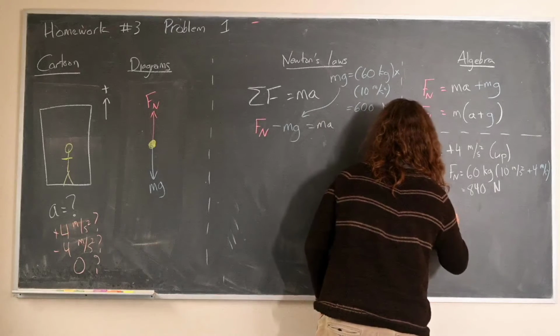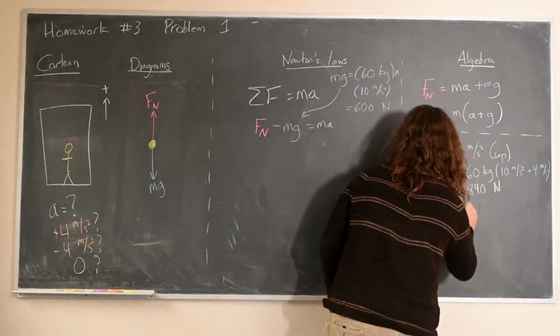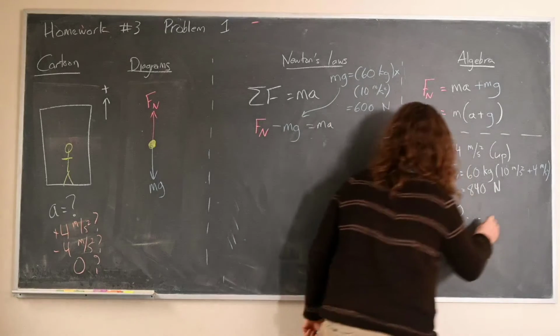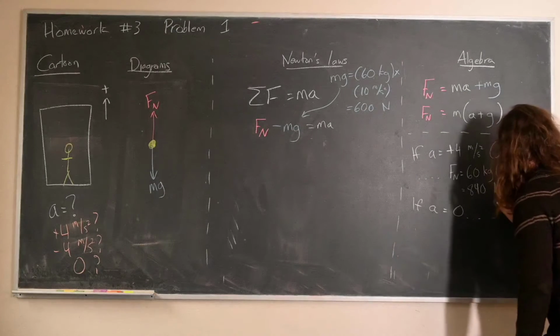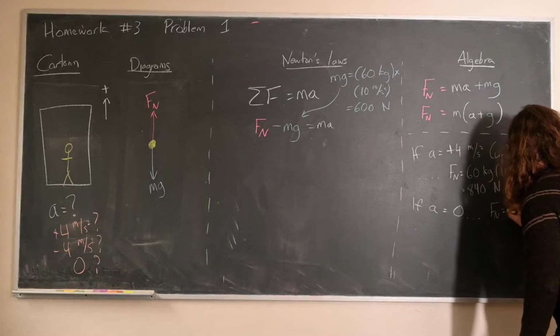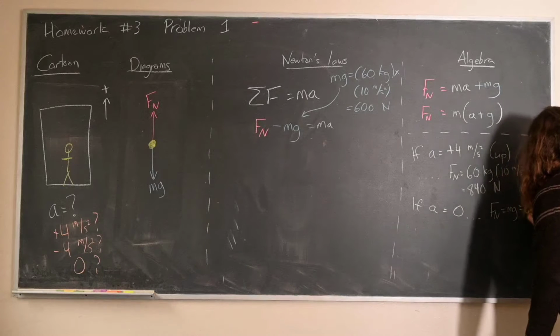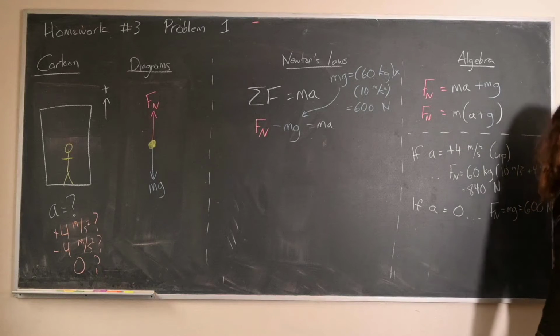Likewise, if the acceleration is 0, then the normal force is just mg, which is 600 newtons.